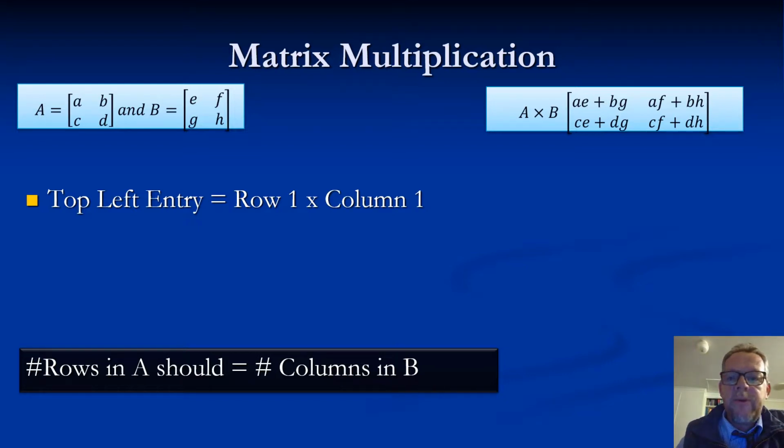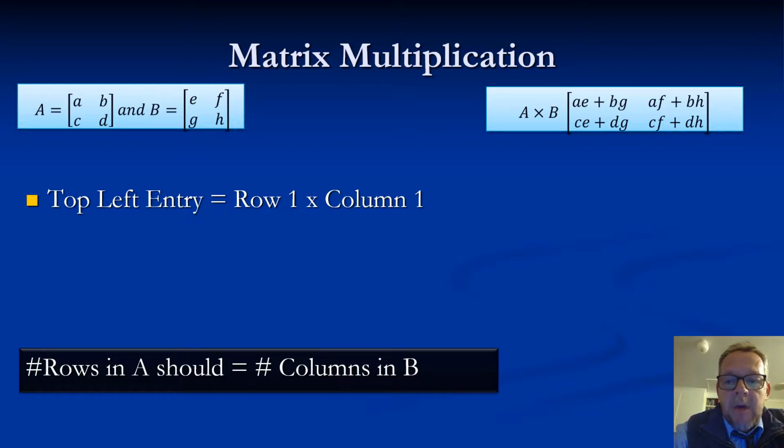The first example has two matrices, matrix A and matrix B. You can see that matrix A is A, B, C, and D. So top left is A, top right is B, bottom left is C and bottom right is D, and E, F, G, H are the corresponding ones in matrix B.